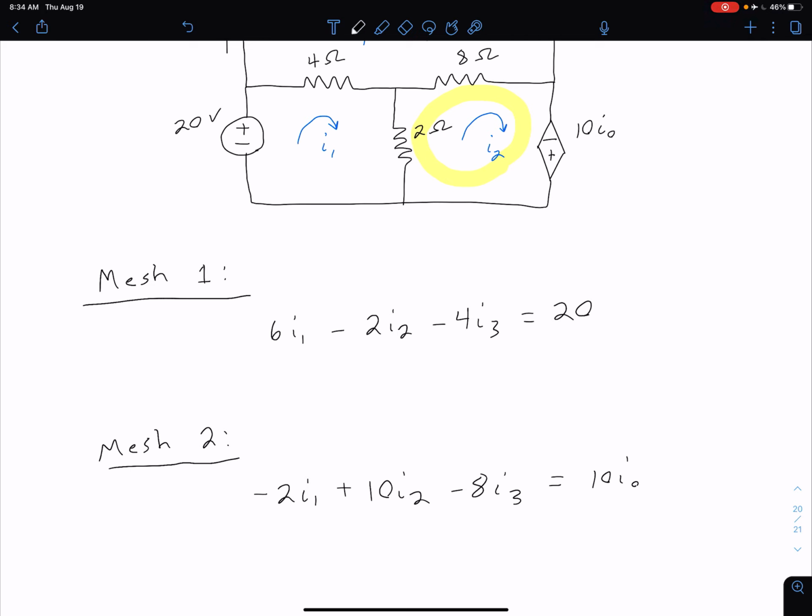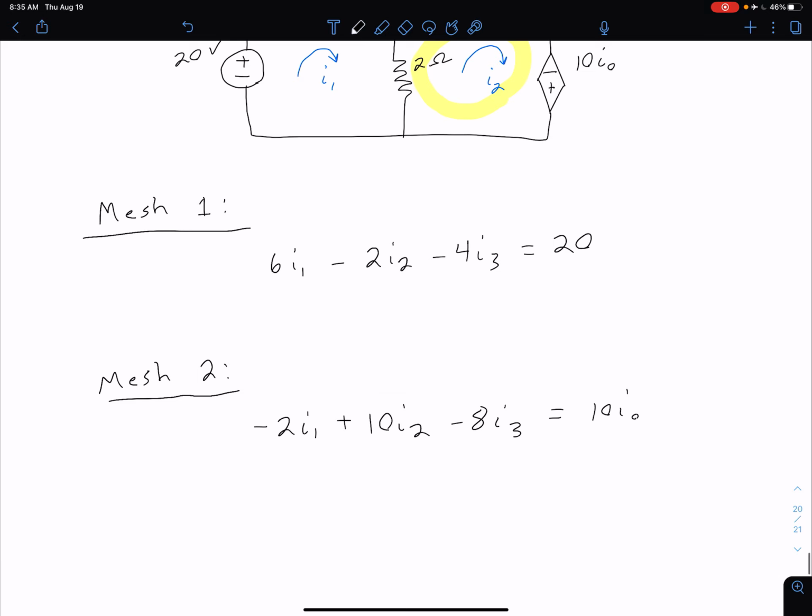Now, I naught is a variable, so I'm going to move that over to the left side. So I'm going to put this over here as minus 10 I naught, and we have minus 2 I1, and of course we need to get rid of it over here on this side because we've moved it, and set that equal to 0.